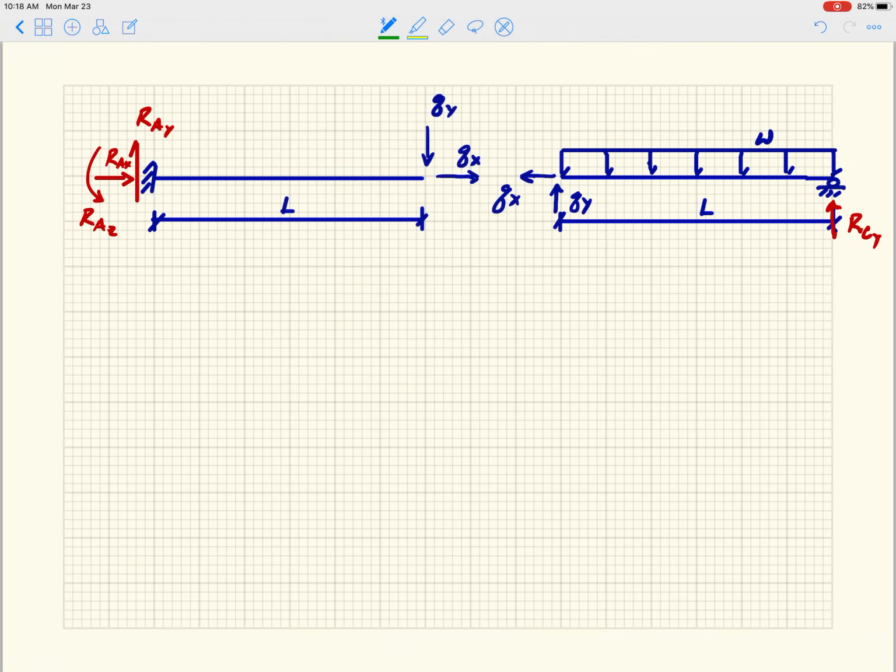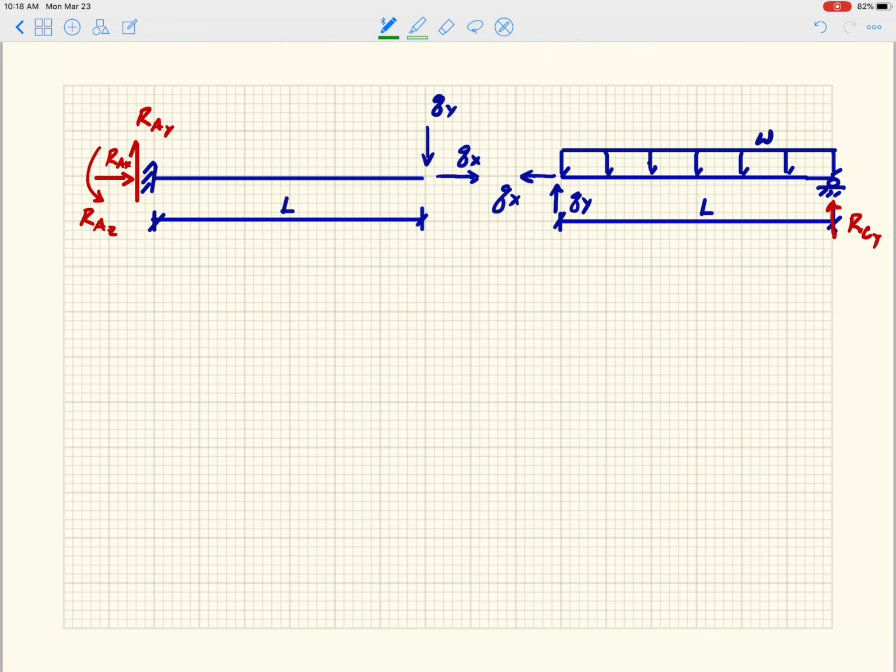So here what I'm going to do is, I guess we can sum moments about A. That has to equal 0, right? So that's about the left-hand support, right?